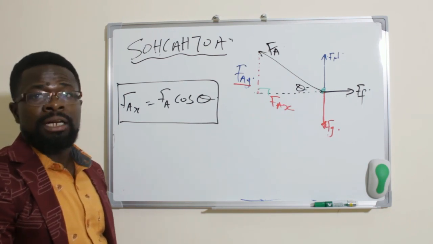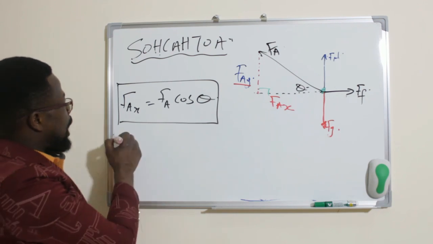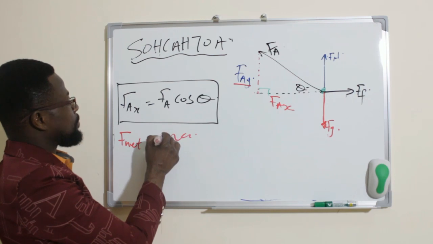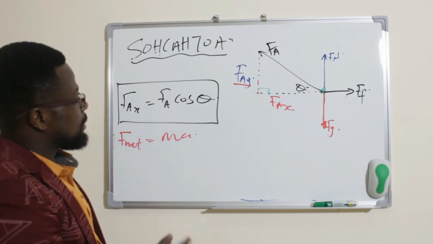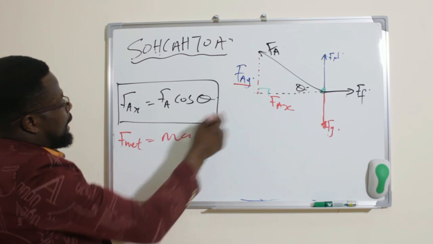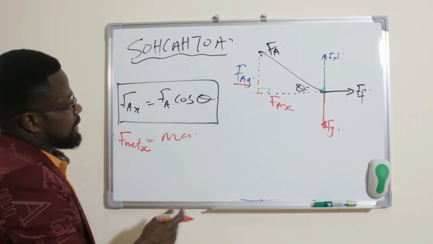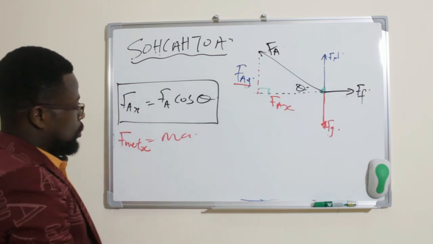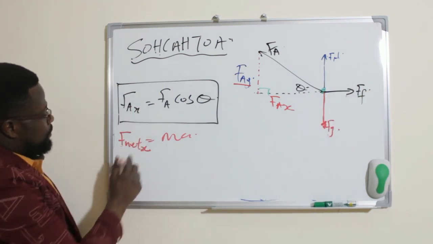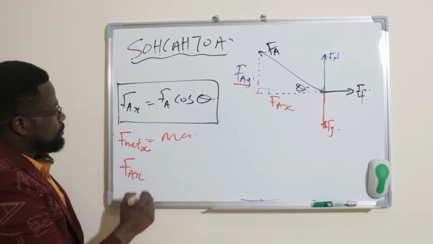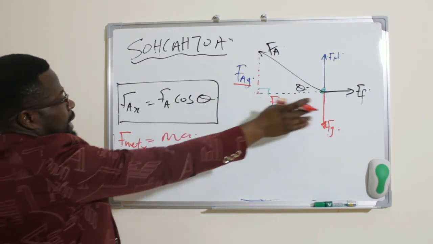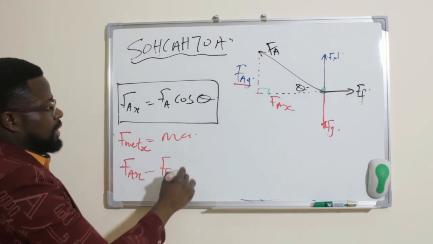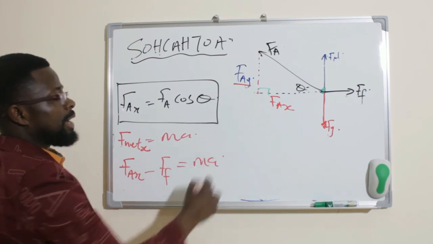Now we're going to make use of the net force application. So our net force we know is equals to MA. Look at it. F net in the x direction is now FAX and the frictional force. So FAX is here, which is opposite to the frictional force, so minus the frictional force is equals to MA.